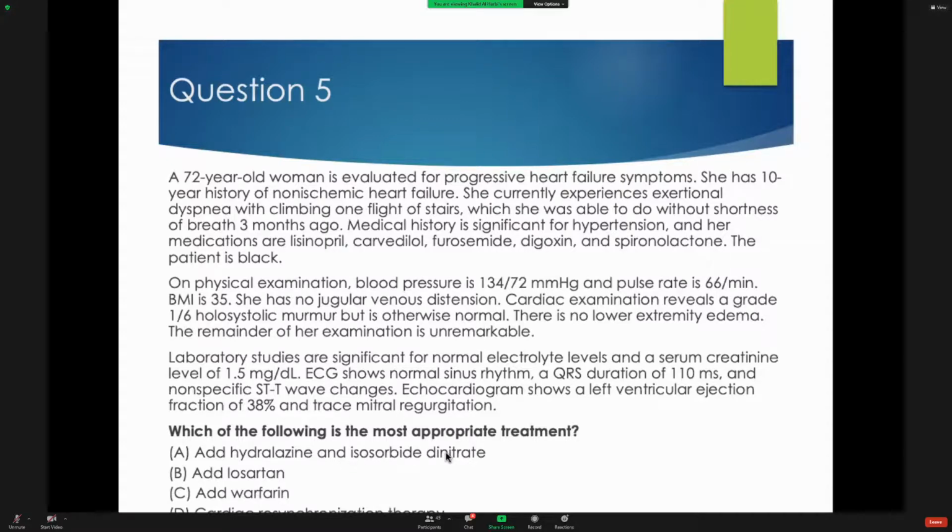Okay, so this is how to do it. There are some tips and tricks in answering the question. I usually go first to the answers quickly, just to see what they want, what the question is concentrating on. So here it is concentrating on management.